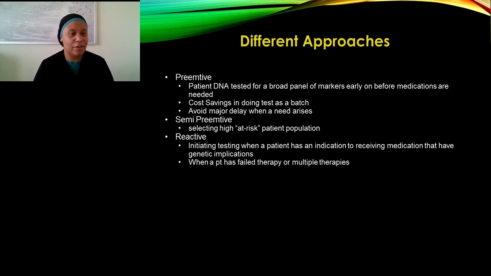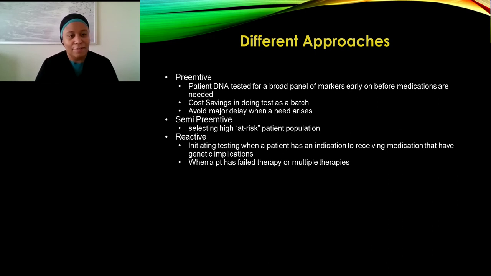So I've seen approaches of what we call preemptive. Preemptive is where an individual who may or may not have any medications on board or any medical conditions that they're concerned about, but as a wellness tool, having a blueprint up front of what medications would be needed would be good for them. You can look at this as cost saving because it's the same swab that could give us 1 gene or 25 genes.